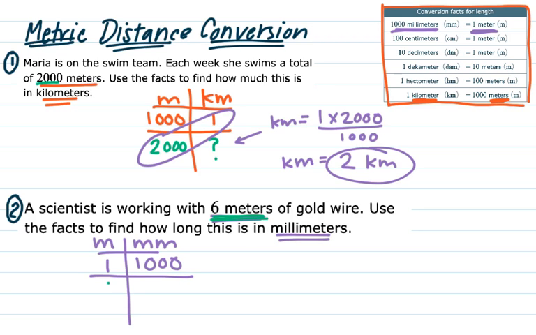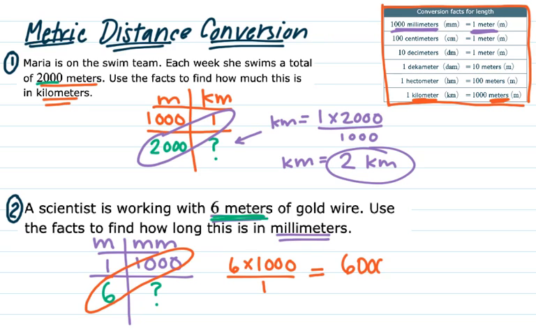We know we have 6 meters, so how many millimeters is that? So again, it's a proportion. When one item is missing, you just cross multiply 6 by 1,000 divided by 1. That's going to equal 6,000 millimeters. So 6 meters is the equivalent of 6,000 millimeters.